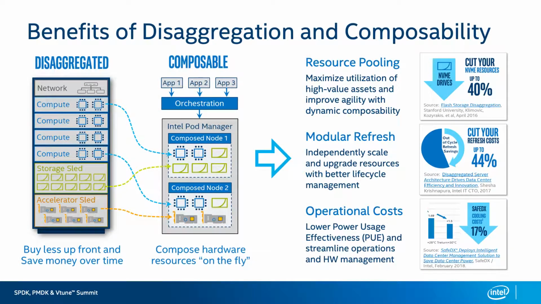The other piece, modular refresh. As you have this disaggregated resource, you can change your mix. If you have fixed-based things, and this is particularly true in, say, a hyper-converged kind of thing where you're adding servers with a fixed amount of compute and storage and maybe accelerators, then every time I want more storage, I have to add more compute or accelerators or the like.